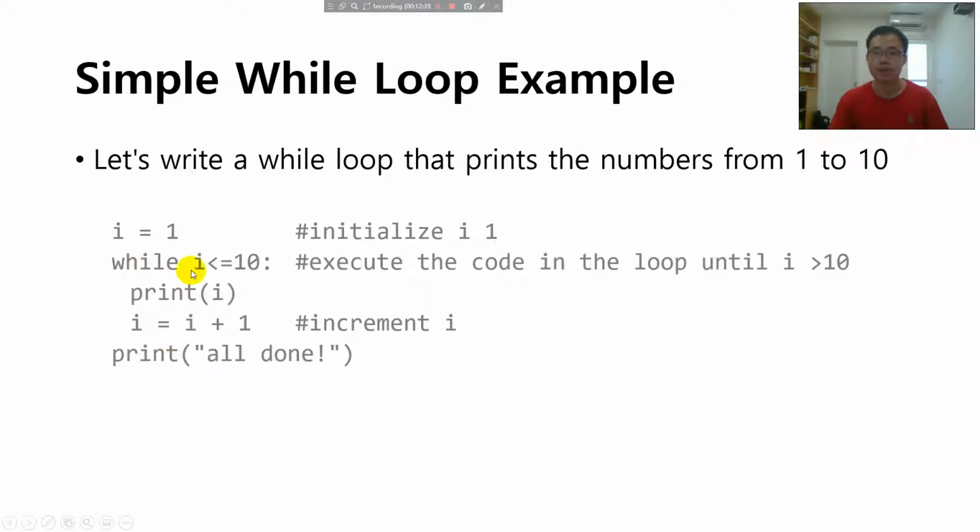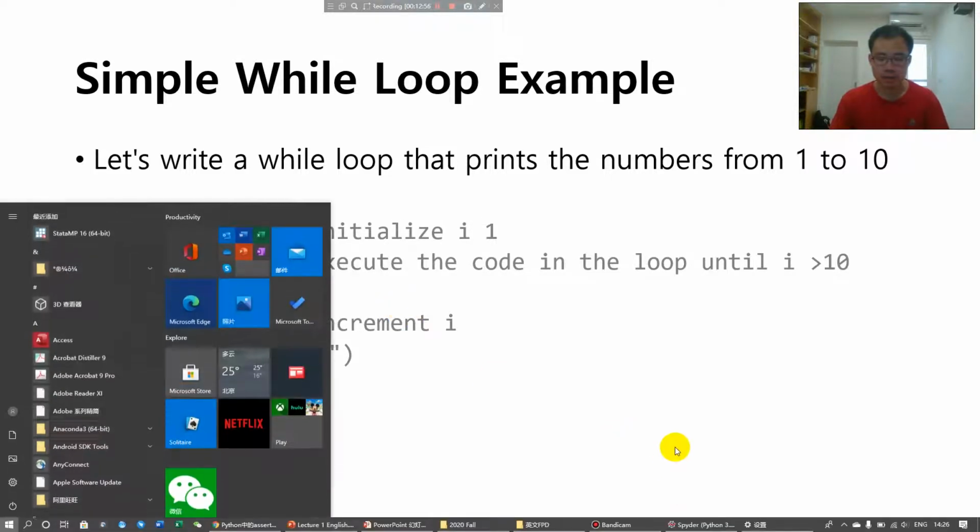Because the condition of the while loop is whether i is smaller than or equal to 10. So by the end of some iteration, i will increase to finally above 10 and the whole loop will be ended.